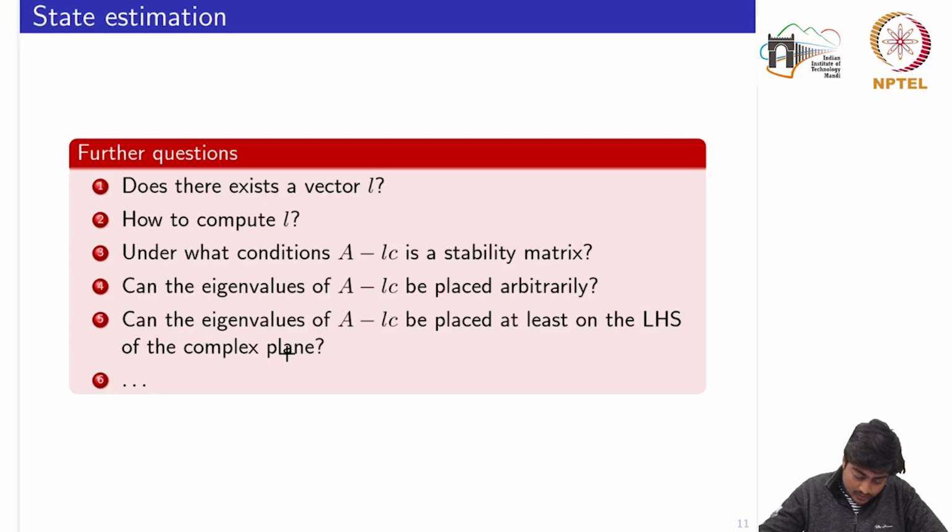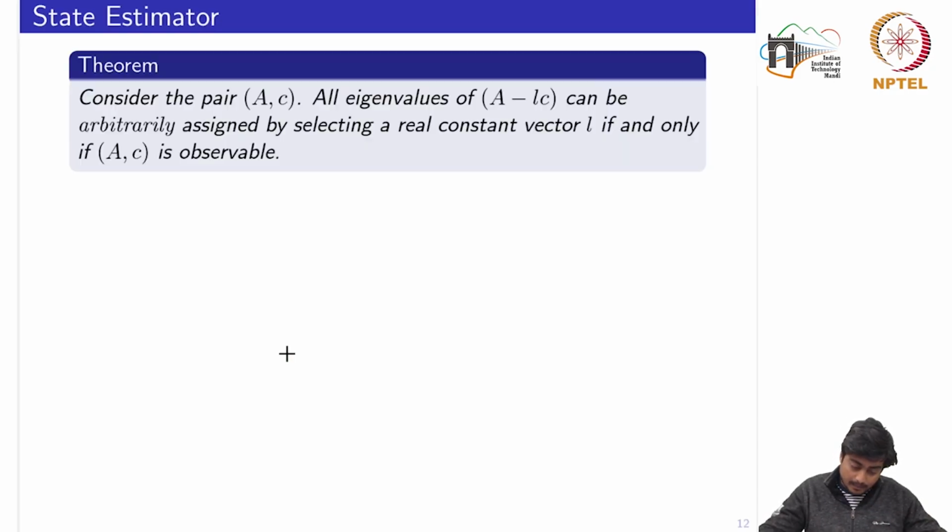There are further questions also which we will see as we go ahead into the lectures. First of all, we will see one of the key results which ensures the existence of this vector L, and it has some connection with the observability which we discussed in the 7th week.